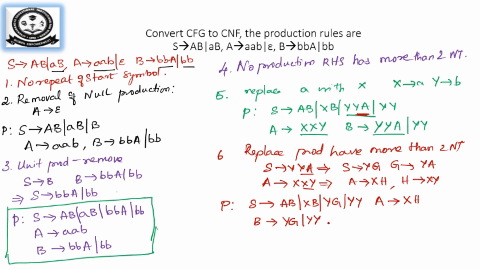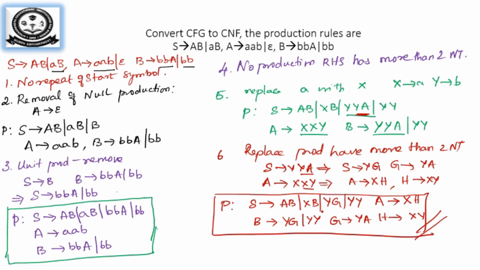Then finally you can have G tends to YA and H tends to XY. So now the final production rule is in the form of a context-free grammar in Chomsky normal form. So the given context-free grammar is converted into the Chomsky normal form.